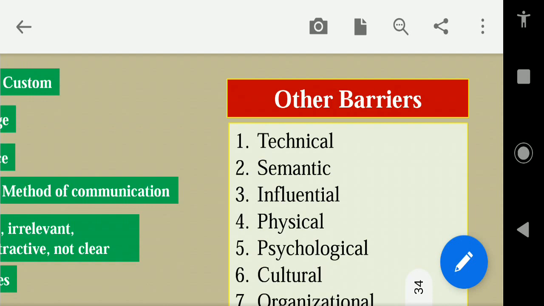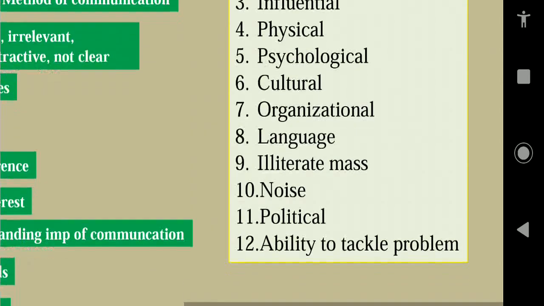What is a physical problem? These are the problems related to the voice and speech of the speaker. If the voice and speech of the speaker is not audible, or there is unreachable body language, stage phobia, which means fear of the stage, or faulty transmission of the message by a radio station, these are physical problems. Then psychological problems.